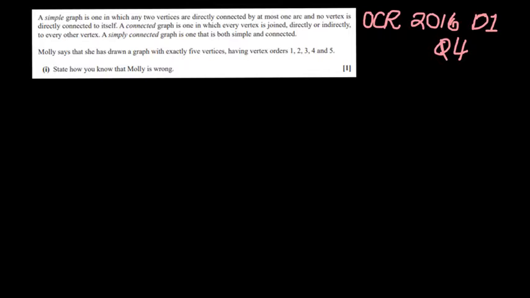As I mentioned before, OCR have a bit of a habit of presenting their questions with this blurb at the beginning. It's just talking about a simple connected graph. Don't forget those definitions about simply and connected. If you read these ones, you might get a bit confused, so just think about what you know. We've got Holly in this problem, and she says that she's drawn a graph with exactly 5 vertices, having vertex order 1, 2, 3, 4 and 5.